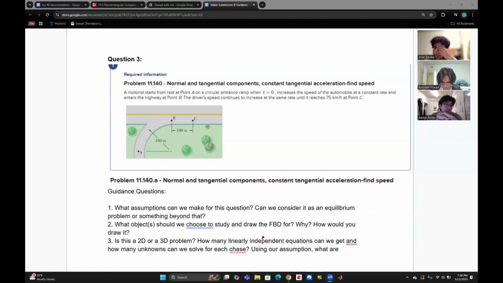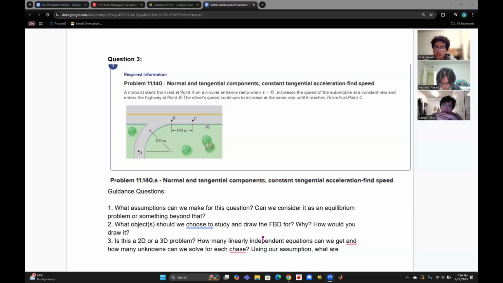So what I did was solve for velocity between A and B, between B and C, and then from there I just observed the values depending on the velocity value. We had to use the equation for acceleration, taking into account the normal acceleration and the tangential acceleration.